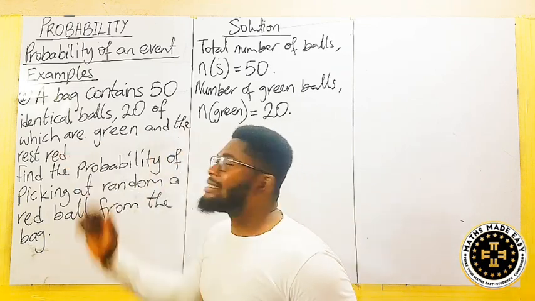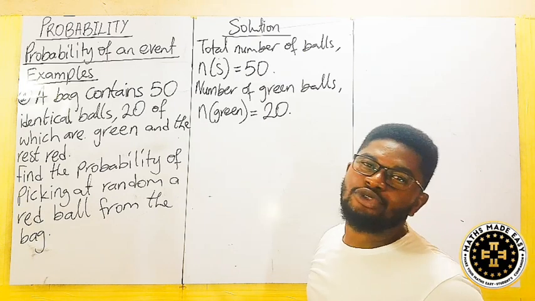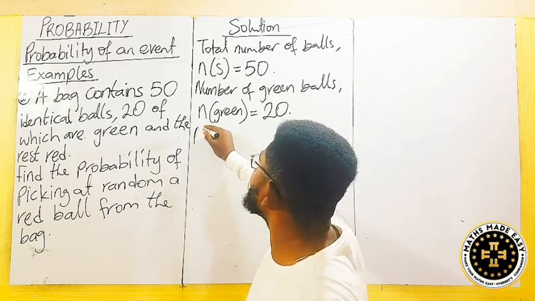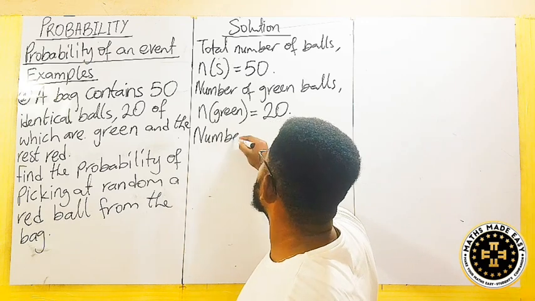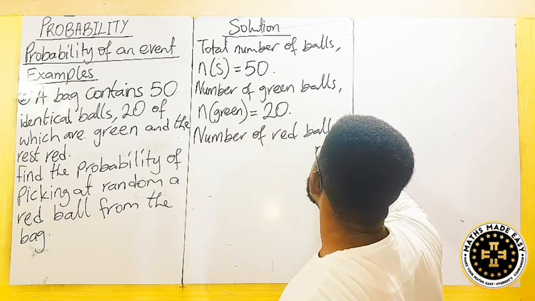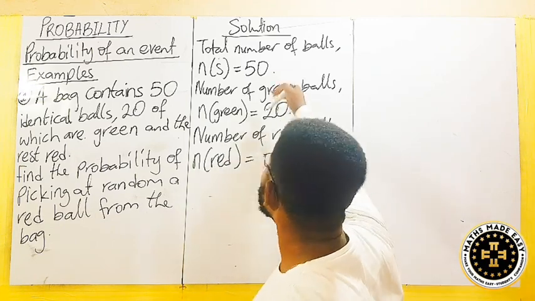And the rest red. The rest means that when the green is taken out of the total, the rest will be the red. So the number of red balls, which is n of red. Look at this, the total is 50.